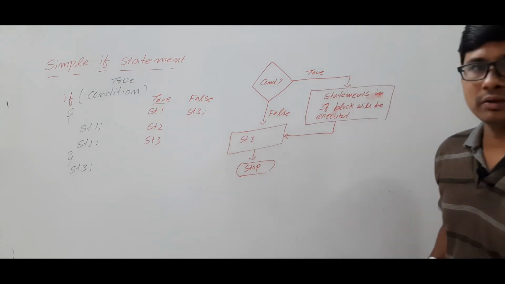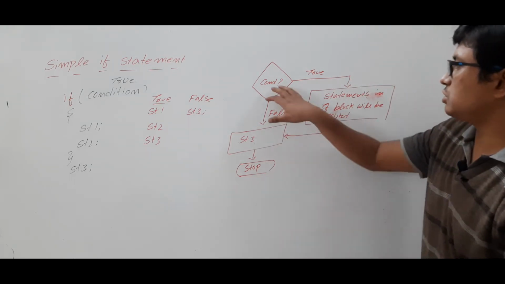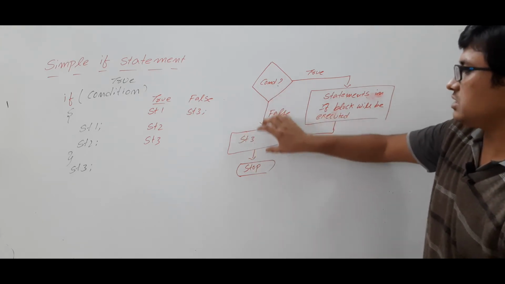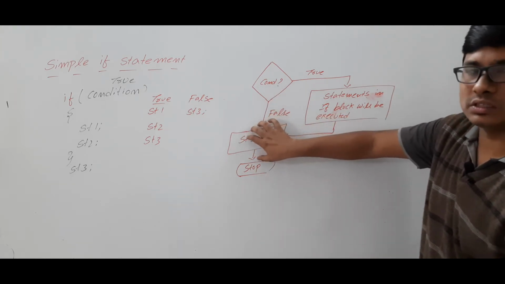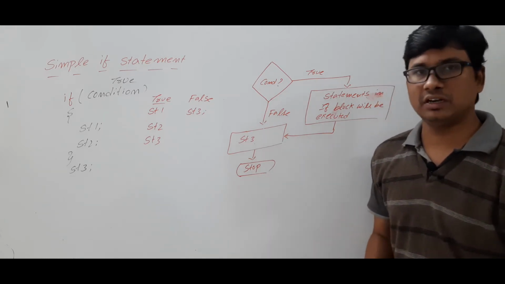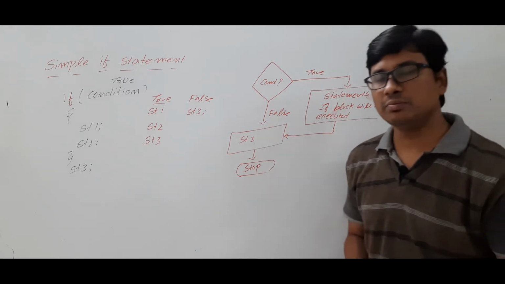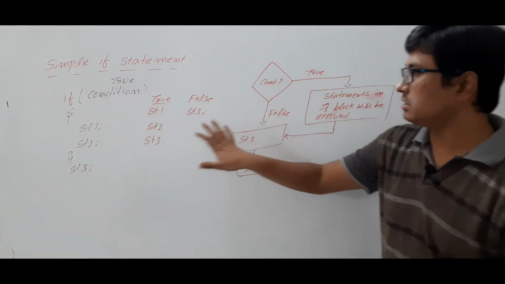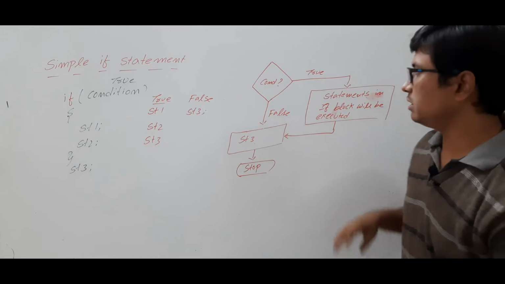Is it clear? If the condition is true, you will execute these statements and also this statement. If the condition is false, only you will execute this statement, and then you will come to the stop, if you don't have any other statements in the program. So this is the syntax and this is the flowchart for the simple if.